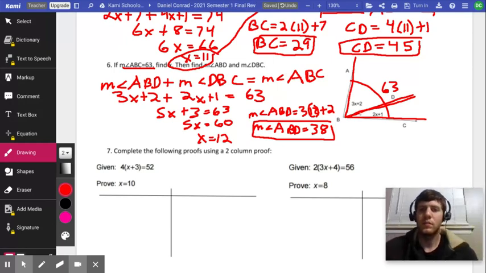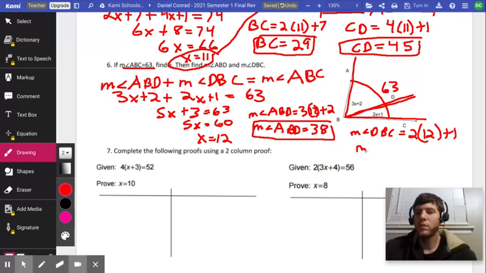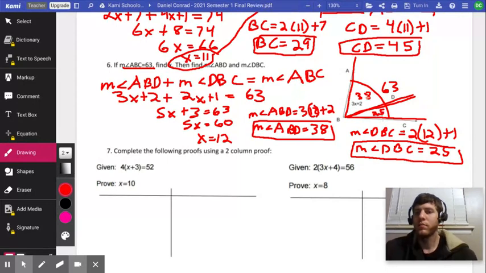The measure of angle DBC is going to be 2 times x plus 1, so 2 times 12 plus 1. So the measure of angle DBC is equal to 25. Okay, and 25 plus 38, so this one's 38, and this one's 25. 25 plus 38 gives you 63.